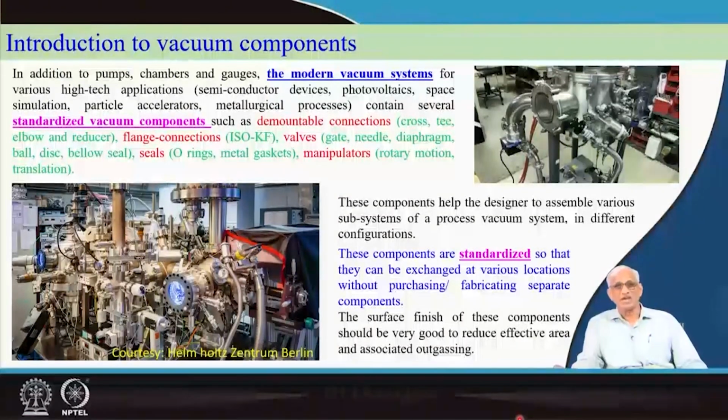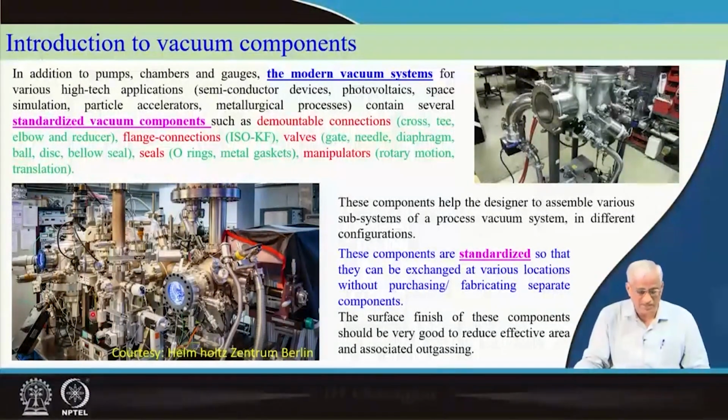Now, from the figure you can very easily find out how complicated a vacuum system looks like. It contains several pumps, several gauges, several windows, several chambers, several elbows, flexible bellows and interlocking chambers with gate valves, and a variety of electrical feed throughs and manipulators.